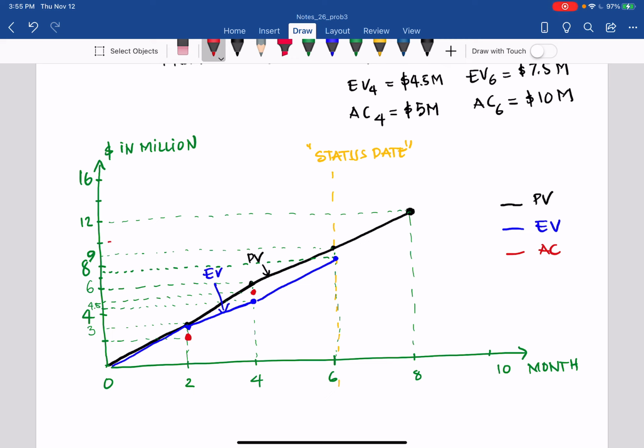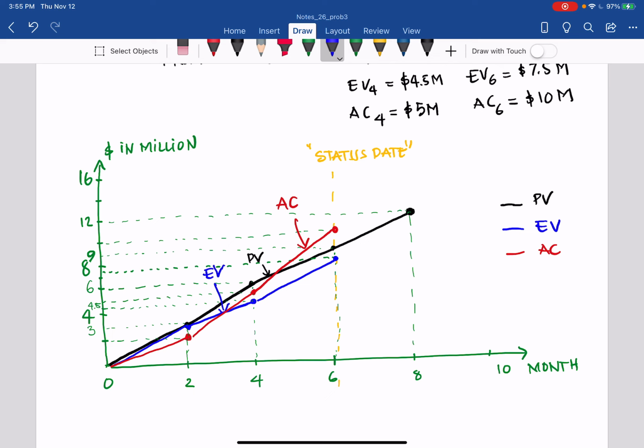So we have that there, and that is the actual cost. That is what you have for the cost in terms of earned value, planned value, and actual cost.